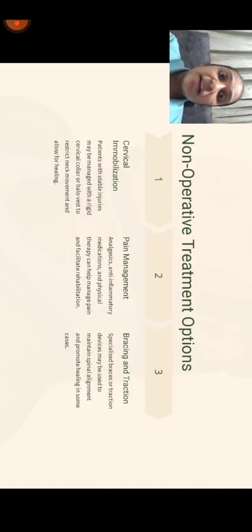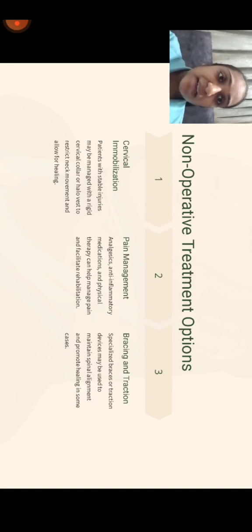Non-operative treatment: cervical immobilization, pain management, bracing and traction. In cervical immobilization, a patient with a stable injury may be managed with a rigid cervical collar or halo vest to restrict neck movement and allow for healing.